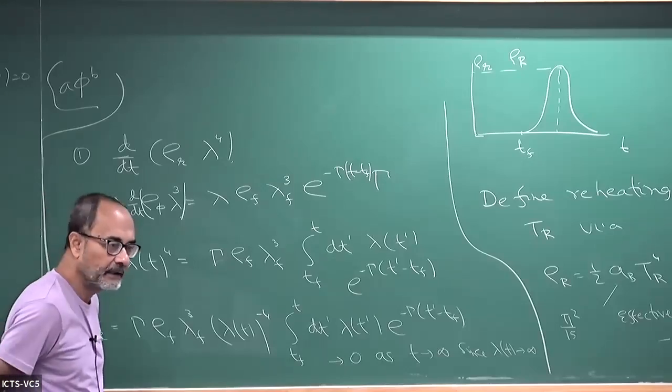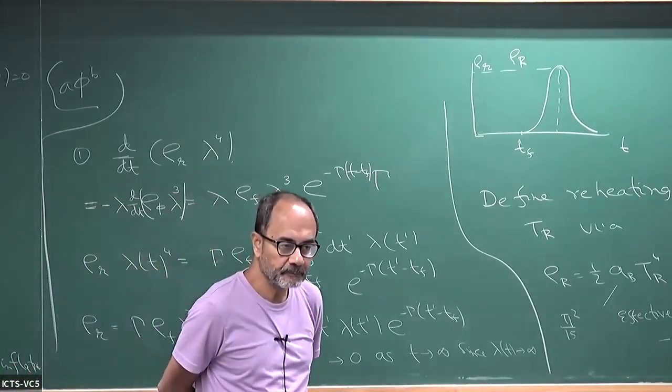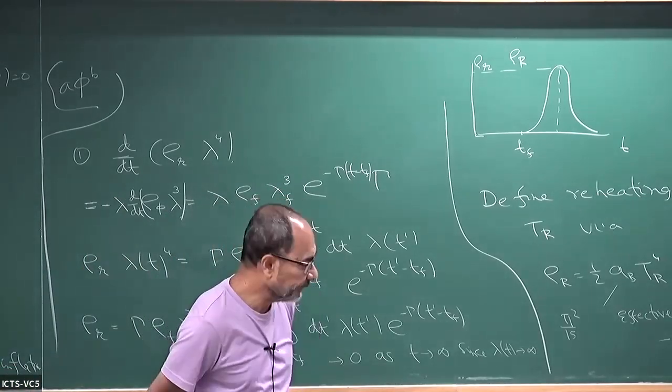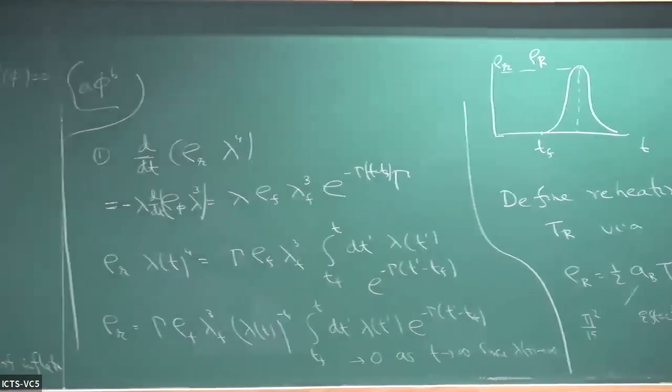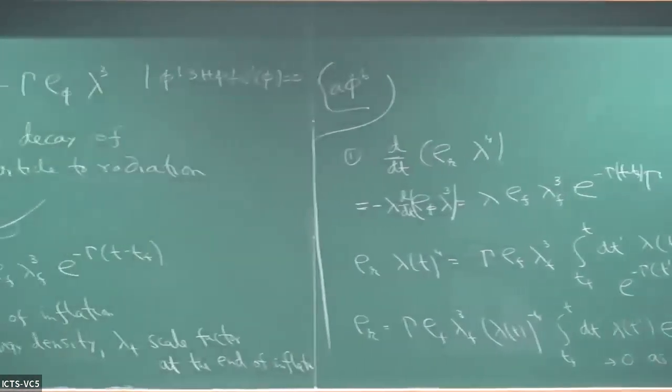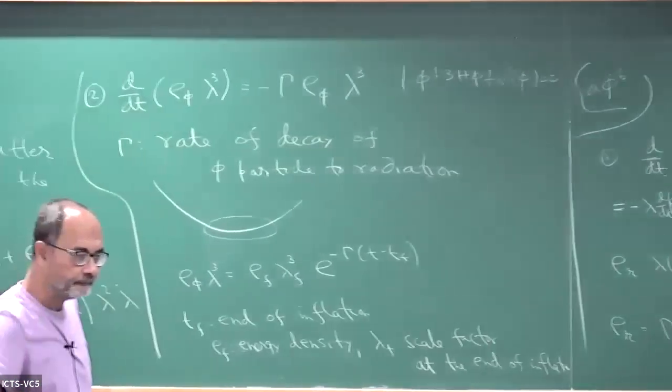The total energy density equation is always true. So if everything became rho r immediately, then it will rise and then follow the 1 over lambda to the 4.